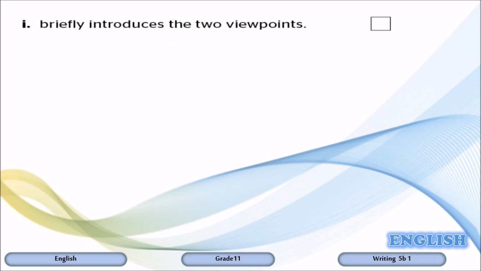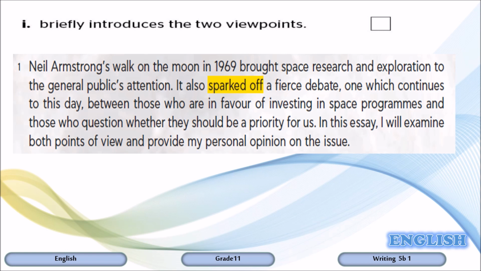Okay, now let's do the last statement and analyze it. In which paragraph does the writer briefly introduce the two viewpoints? When I say introduces, it should be, excellent, in the first paragraph, in the beginning. Thank you. And when I say summarizes, it should be in the last paragraph. So in which paragraph does the writer introduce the two viewpoints?